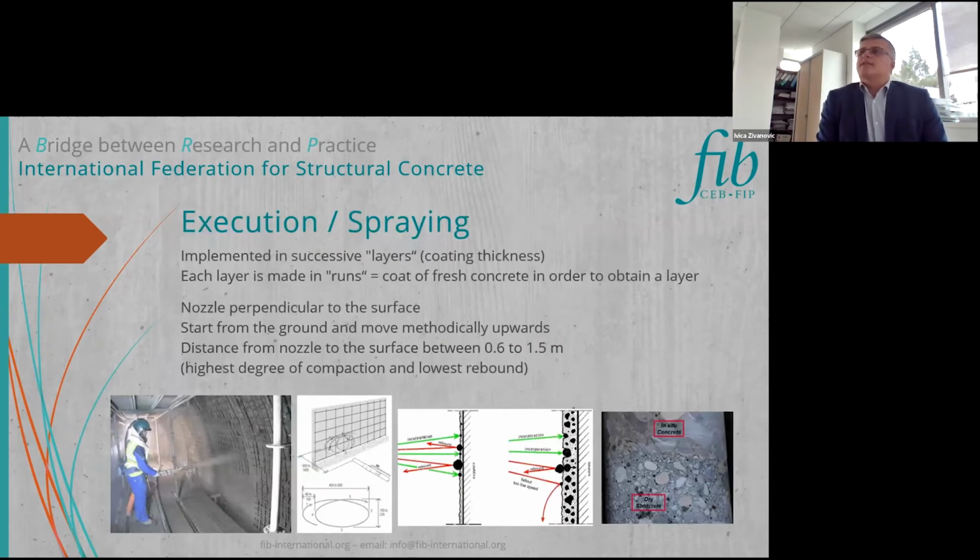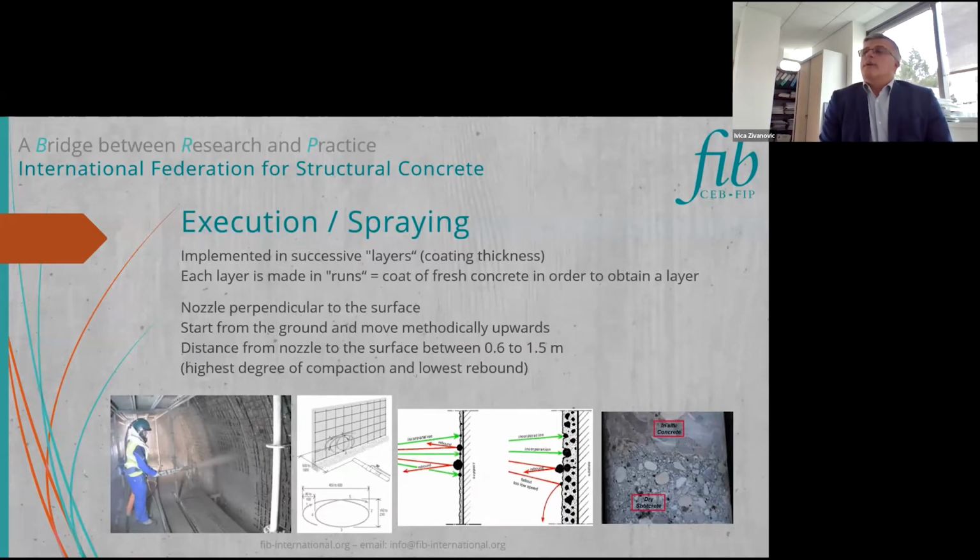So the spraying itself depends on the layer thickness. Sorry, it could be implemented in successive layers to obtain the coating thickness. Each layer is made in runs of fresh concrete in order to obtain the layer itself.